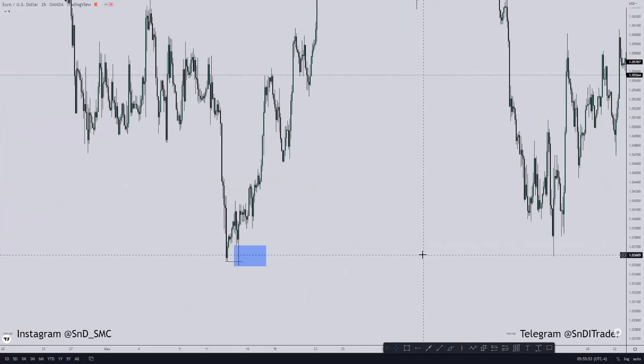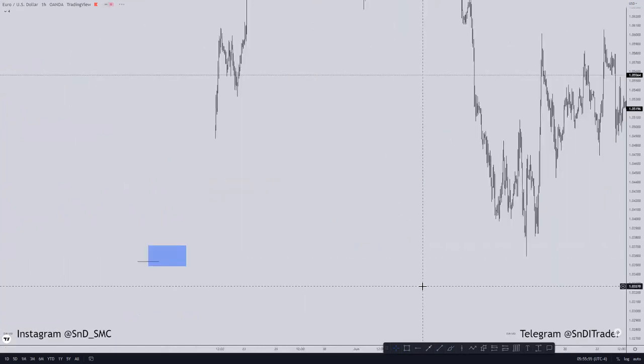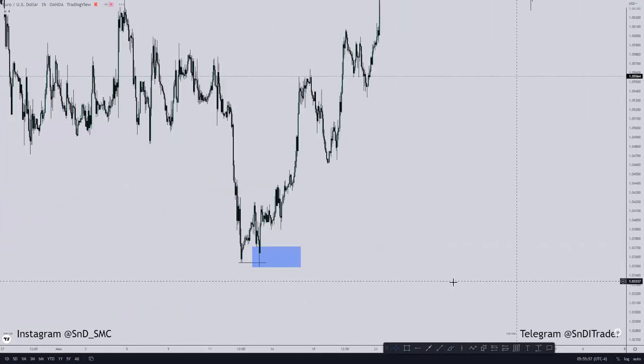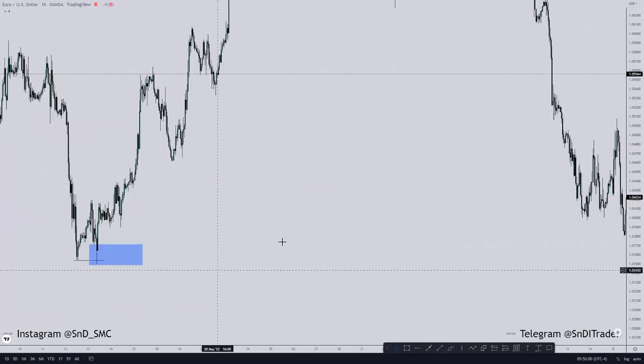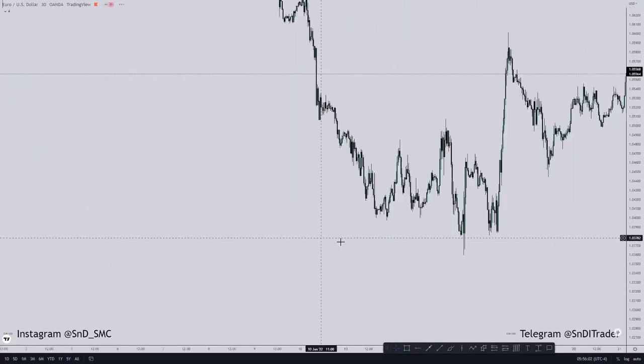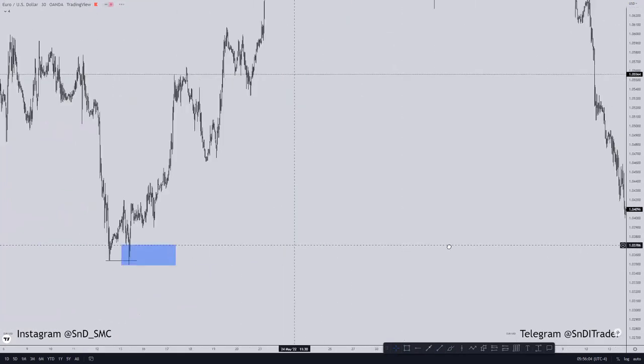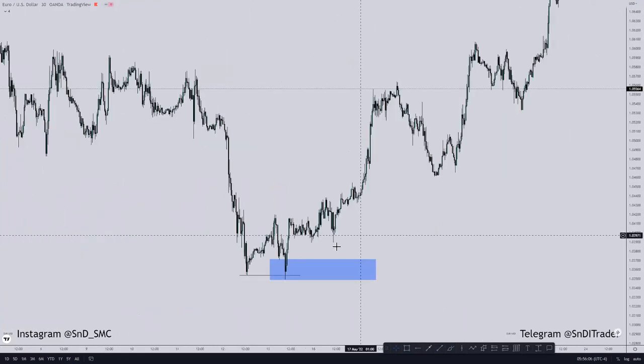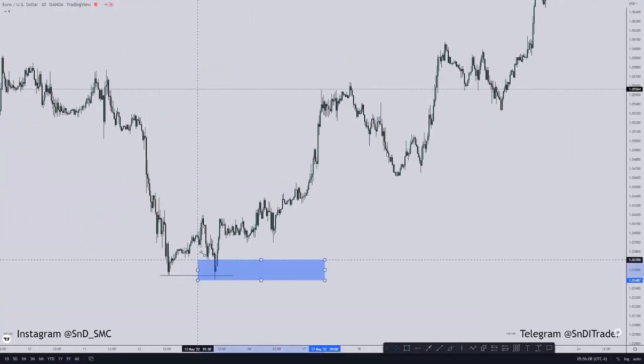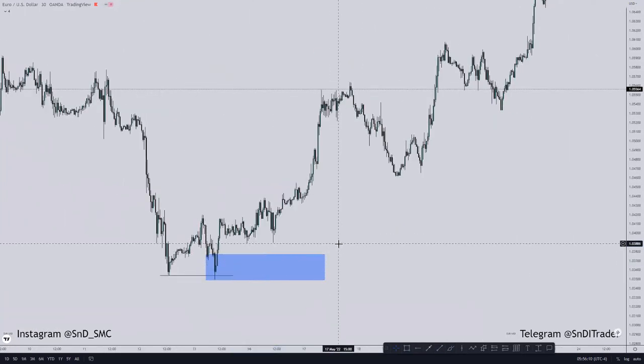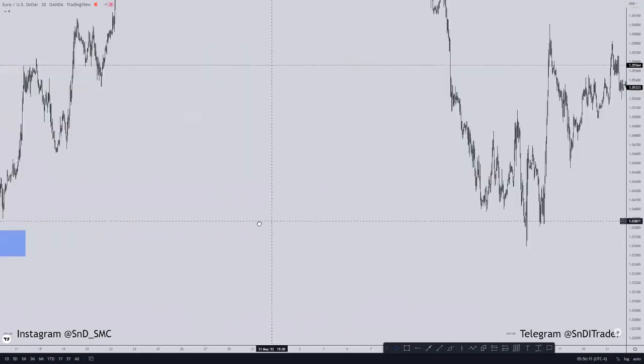No candle right now on 1 hour, still no candle. And the 30-minute time frame. On 30-minute, we have this candle, this wick and this body of the candle. That might be a good point of interest for us.